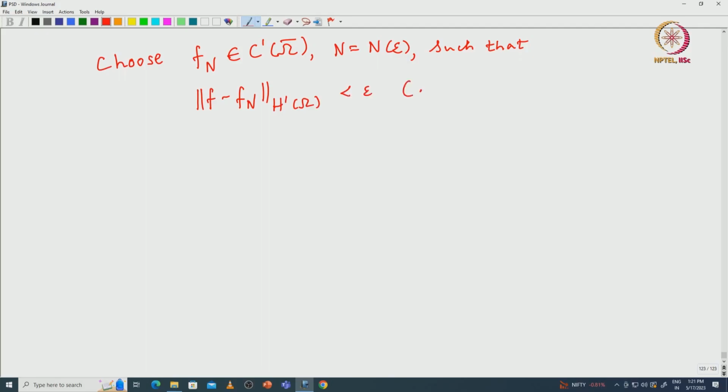So, let me just write that. Okay. So, f n, again I take L2 omega minus omega delta. Okay. So, f n is close to f and for f we have obtained this estimate. So, let me just write that.